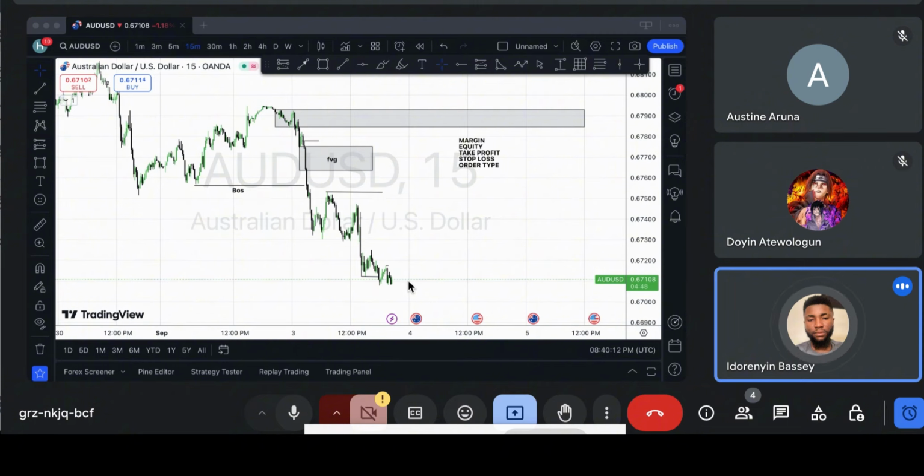I'm going to be talking about managing risks with margin. While leverage can amplify profits, it can also increase potential larger losses. The same way leverage can give you profits, it can also give you a lot of losses.